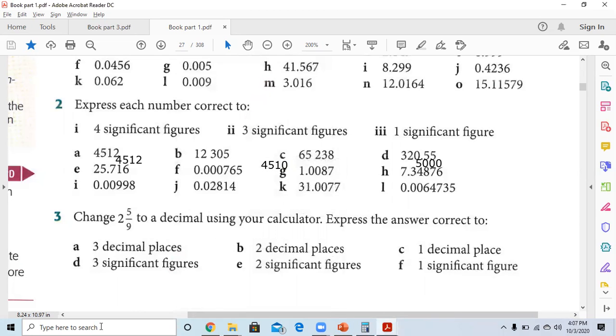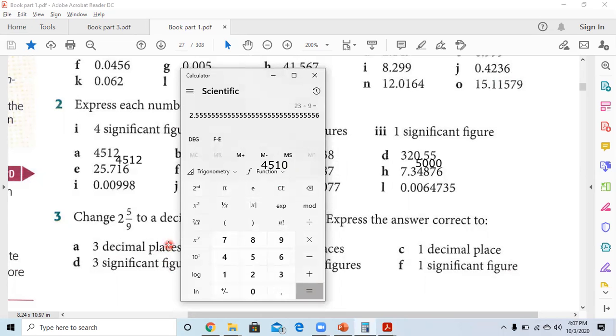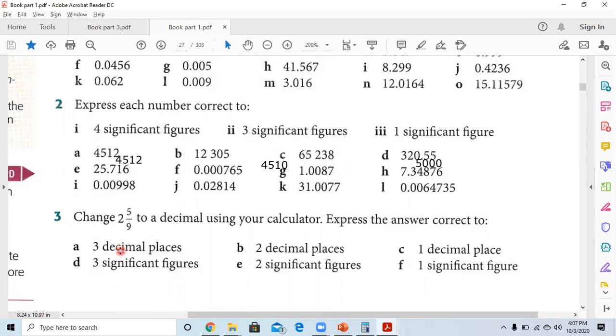Okay, so convert this into three decimals, which means after the point three numbers. So first I write here 2.556. When I have two decimals, then I write here 2.56. And when I have one decimal, I write here 2.6.